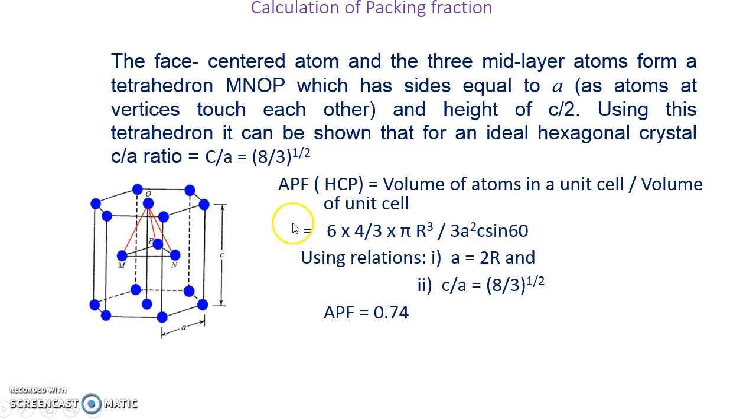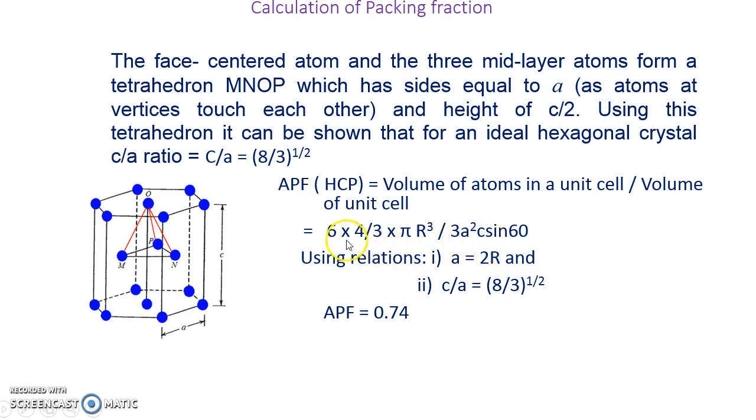Therefore, using the fundamental formula of atomic packing factor, one can write APF equal to volume of atoms in unit cell divided by volume of unit cell. So this can be calculated as total number of atoms 6 into volume of a single atom, that is 4 by 3 pi r cube, divided by 3 a square c sine 60.